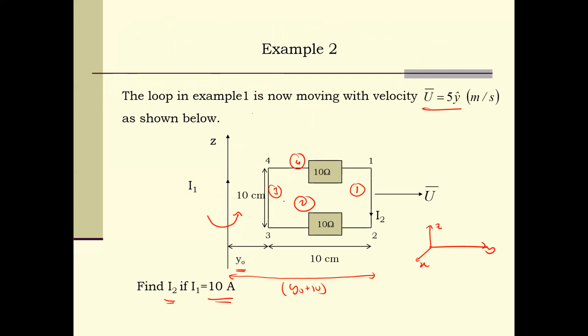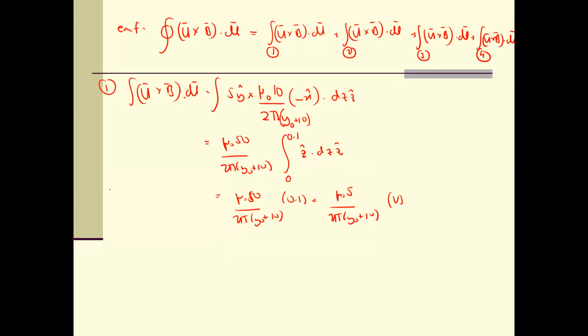For side number 2, which is down here, we are going to have U cross B dot dl.